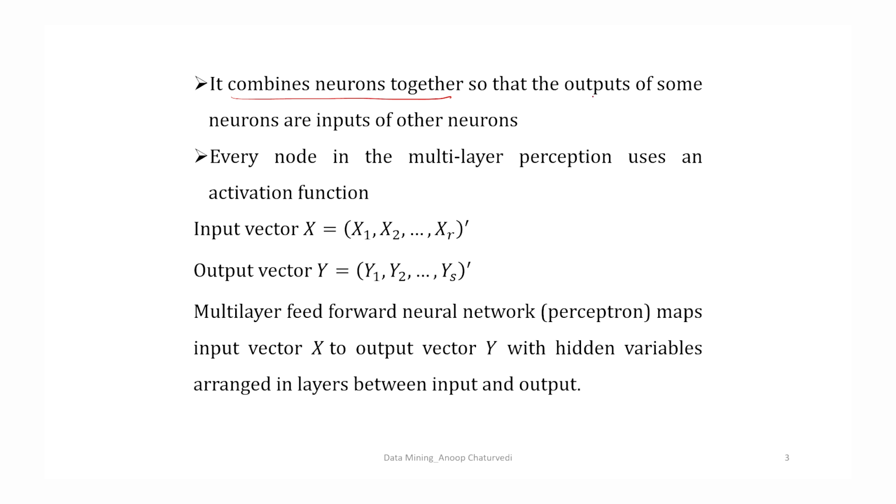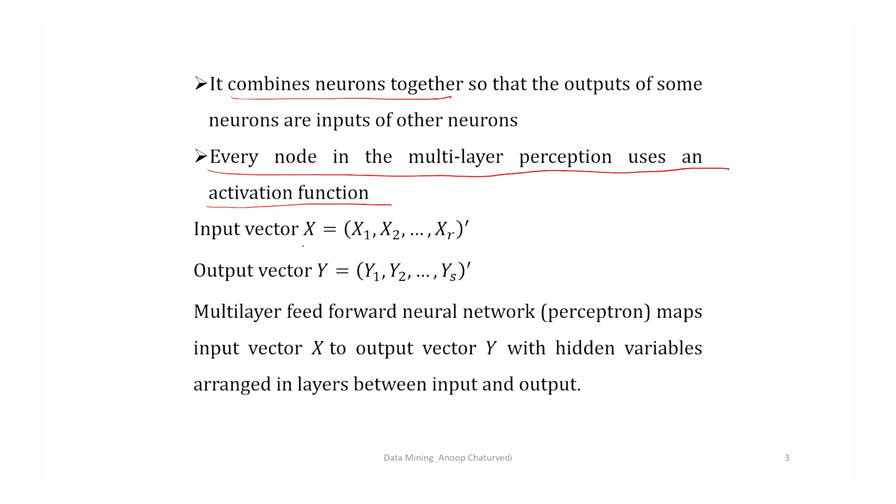Next layer may be some hidden layer. So, output of input layer goes to some hidden layer, and then we move further, say output of one hidden layer may be input for the next hidden layer, and so on. Then every node in the multi-layer perceptron also uses an activation function. So, not only we take the weighted sum, but we also apply some activation function.